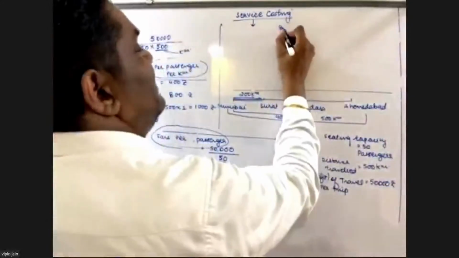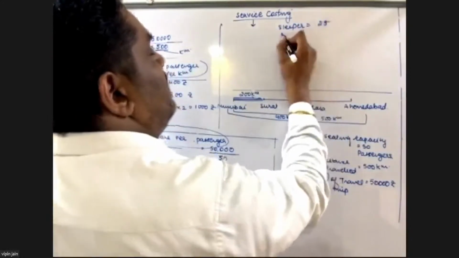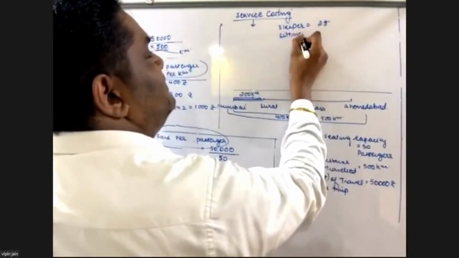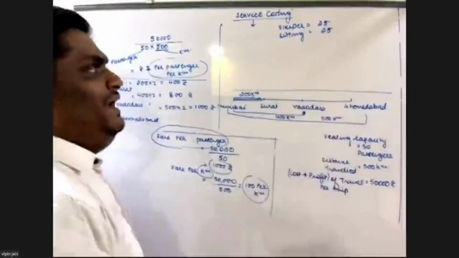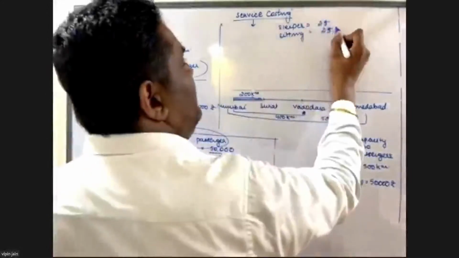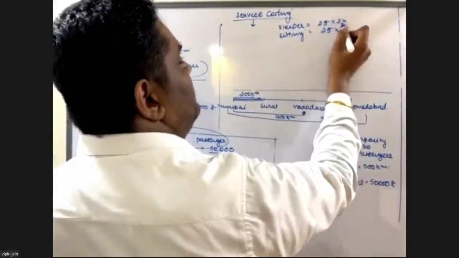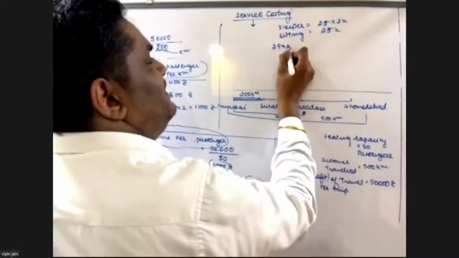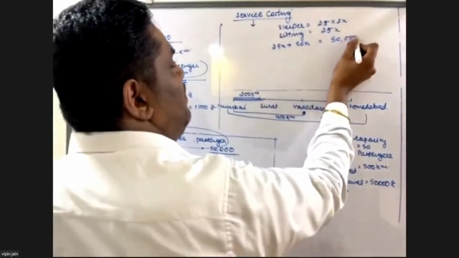So let's say there are 25 sleeper seats and 25 sitting seats. Let the fare of sitting be X, so sleeper will be 2X. So 25X plus 50X should be equal to 50,000.